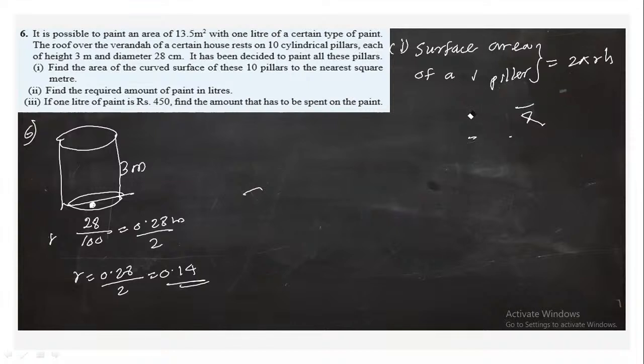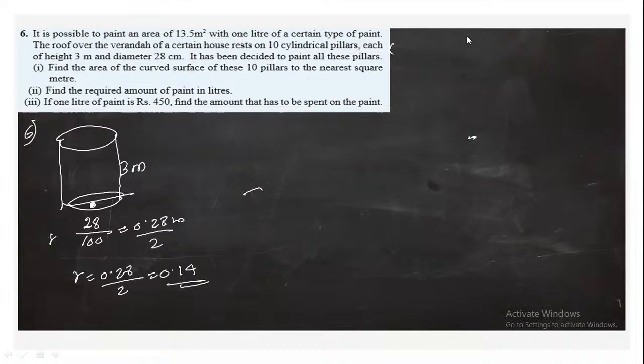That's why I'm erasing. It is possible to paint an area of 13.5 square meter with 1 liter of a certain type of paint. The roof over the veranda of a certain house rests on 10 cylindrical pillars, each height 3 meter and diameter 28. It has been decided to paint all these pillars. Find the area of the curved surface of these 10 pillars to the nearest square meter.